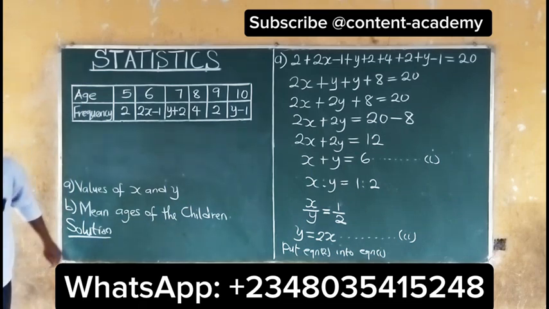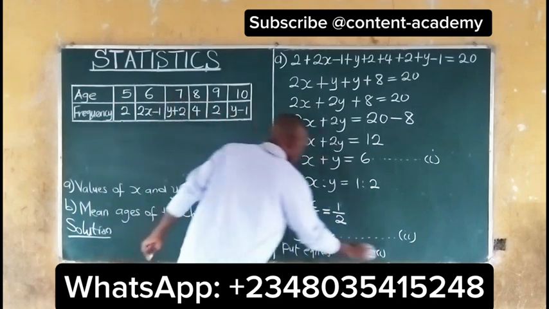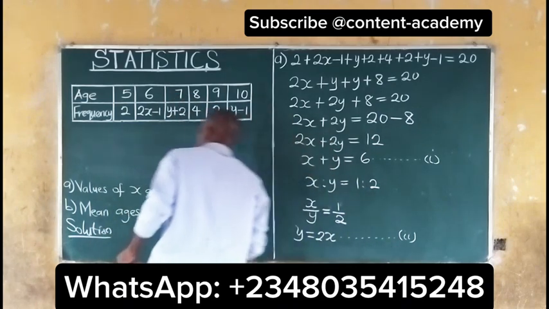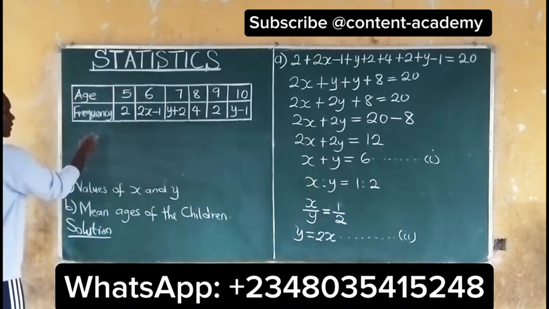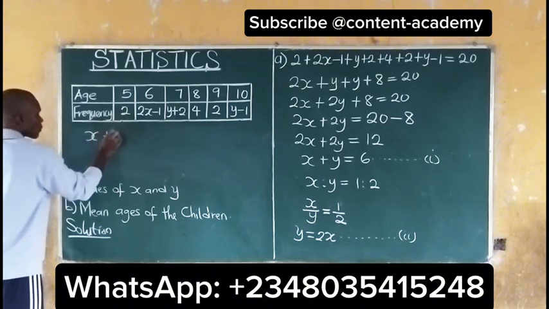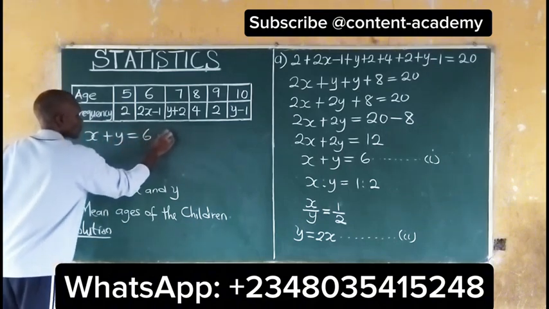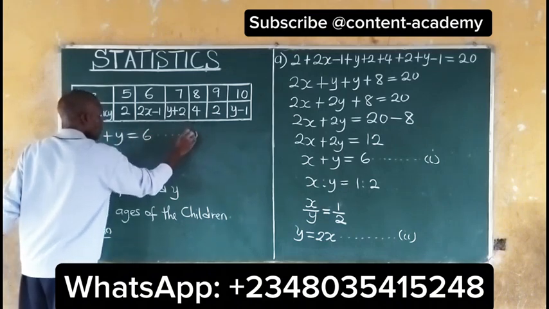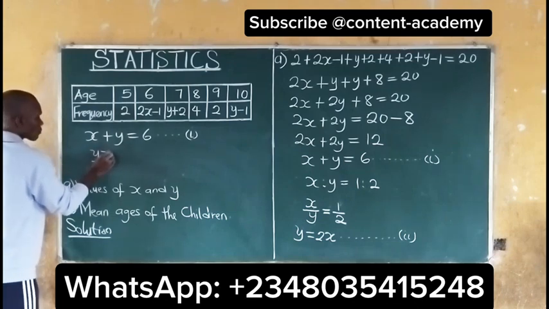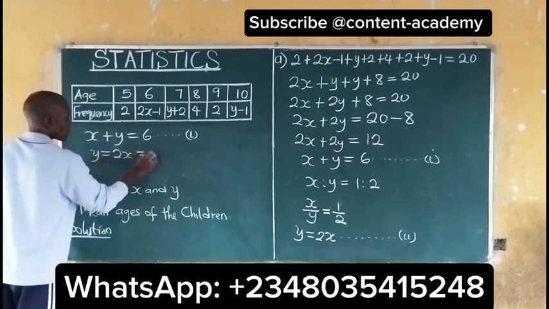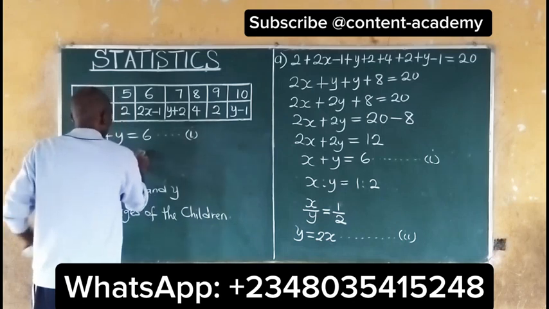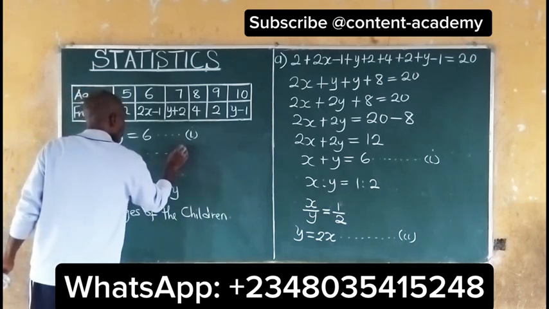In fact, before we go into this, let's write out equation 1 and equation 2 so that it will be easier to explain. Equation 1 is x plus y is equal to 6, and y is equal to 2x, which is equation 2.